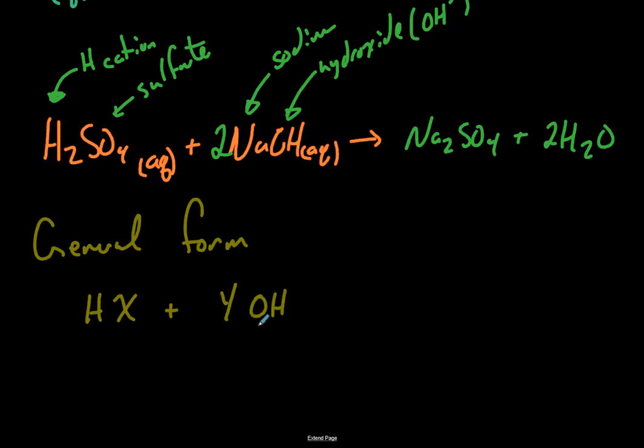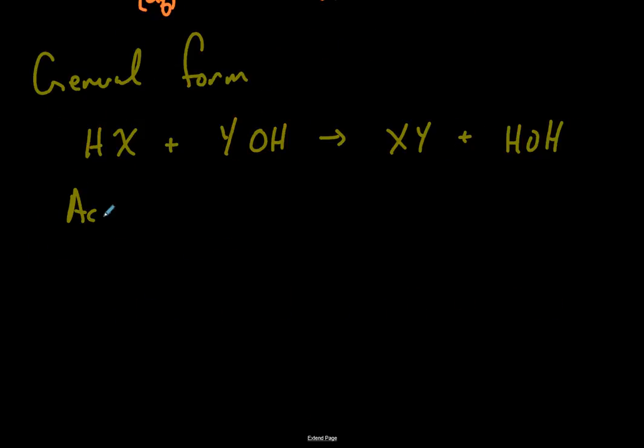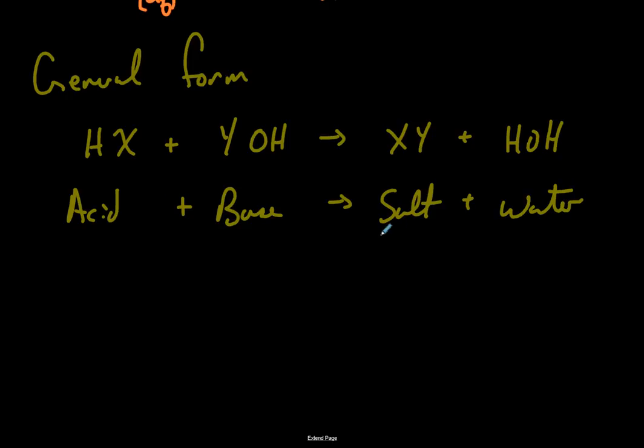There's some OH involved there. And you get XY plus water. So acid, in words, plus base gives you, I'm just going to call this, a salt and water. When I say a salt, I just mean any normal ionic compound. And that's it.